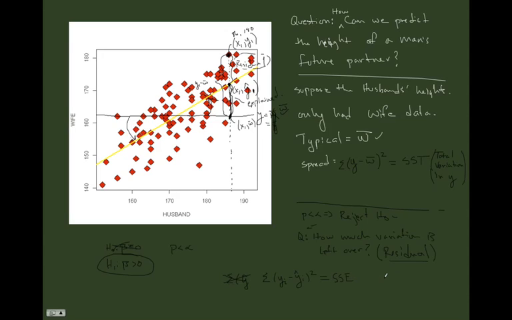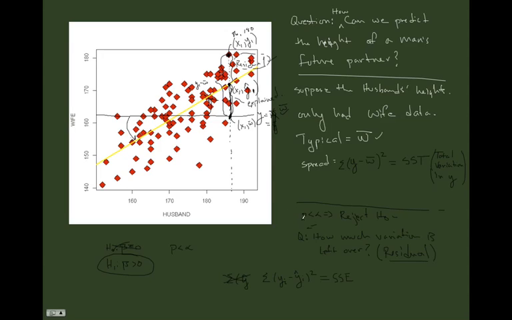Now, in statistics, we end up with terms that have different words that really have the same meaning. The residual or leftover variation sometimes is also called the error in the model. Okay, the error in the model.